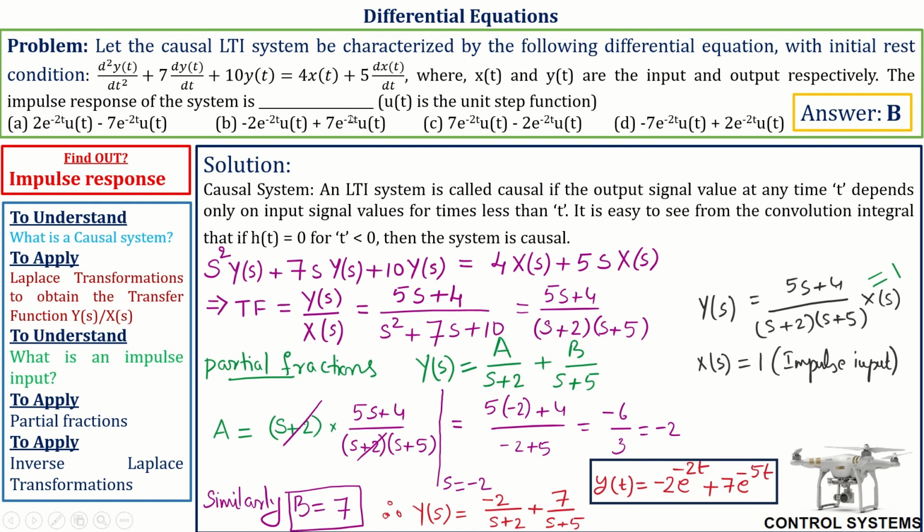In fact, I would like to write this down. This is e power minus 5t in each case. Just bear with me for this error. So the answer is option B, and this problem is given in GATE 2017.